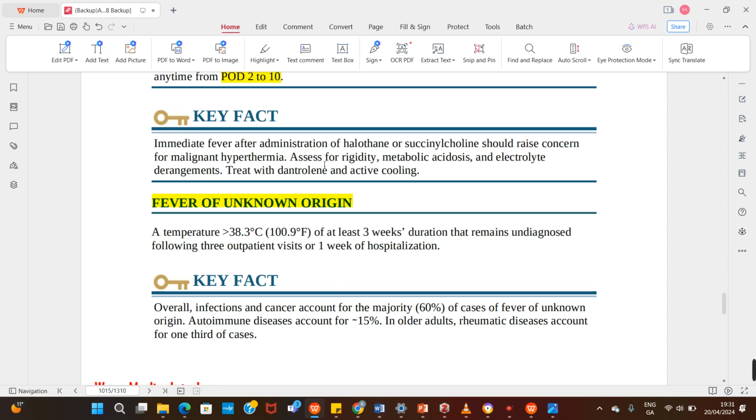There is increased metabolism in that muscle that generates a lot of CO2, so the CO2 level is very high in the body. So hypercapnia is another thing you look out for. Then tachycardia, tachypnea. So what you do is block the calcium channel receptor that is causing that hypercontraction by giving dantrolene, and you want to do active cooling to reduce the temperature.